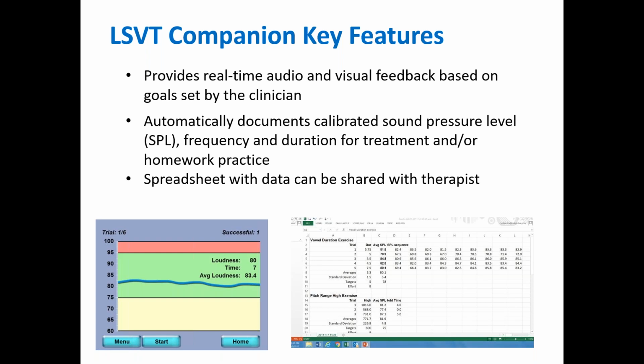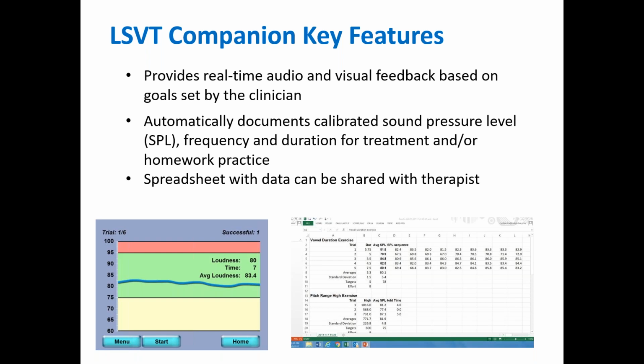What you see on the screen here, the bottom left, is a picture of what a patient would see when they're doing the exercises, and it provides them real-time audio and visual feedback based on goals set by a clinician. A clinician would go in and set the target loudness level and the target duration, and the LSVT Companion would prompt the client to say your loud ah, ready, start. And they do their loud ah, and they get the feedback on the screen.